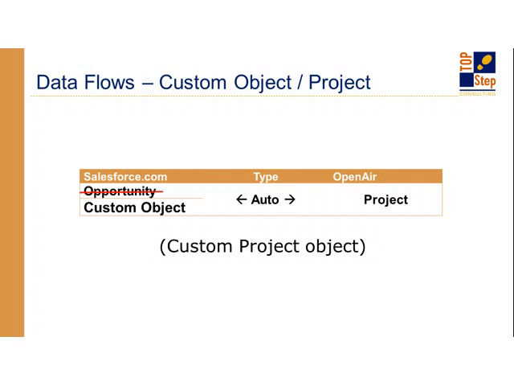I don't want to get too creative again today, but this is a somewhat common thing that we've seen where we're just integrating projects in Salesforce to projects in OpenAir, and opportunities are just out of the loop altogether. So it's just one of the ways that's possible.